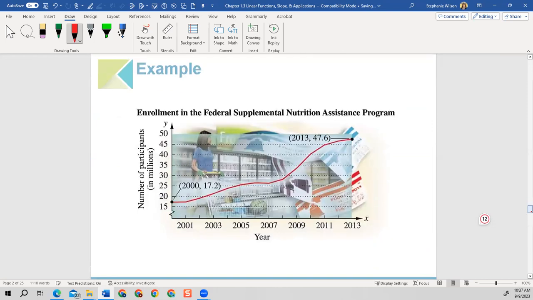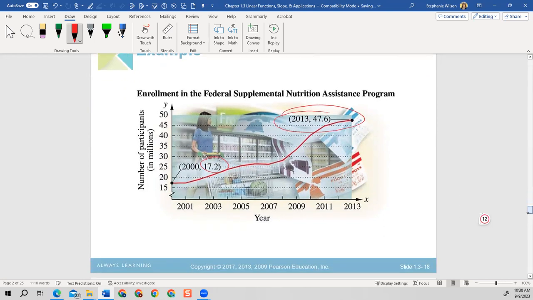As you notice here, in 2000, it increased to 17.2, and then by 2013, it increased to 47.6. So I have my order pairs, and now we can determine what's our average rate of change. What I would do is just put it in my slope-intercept form.